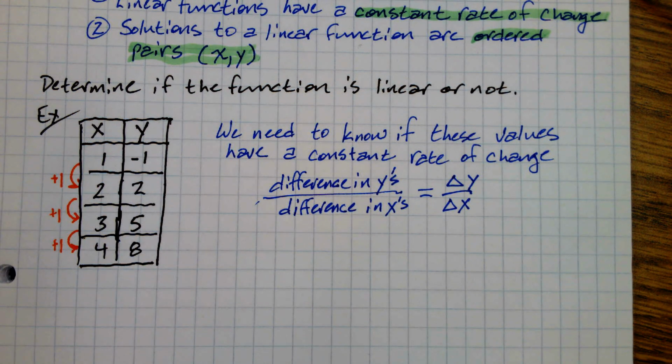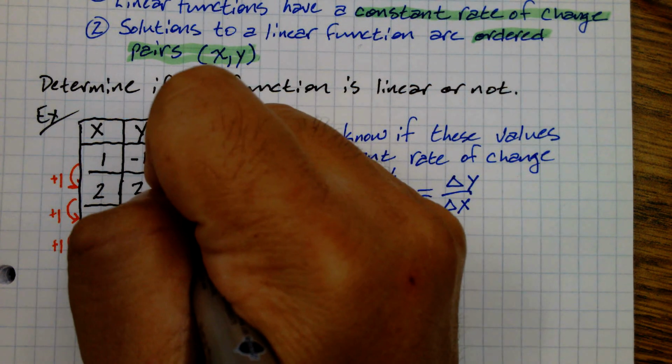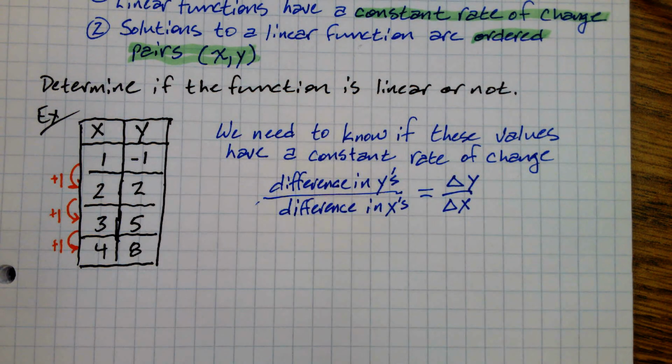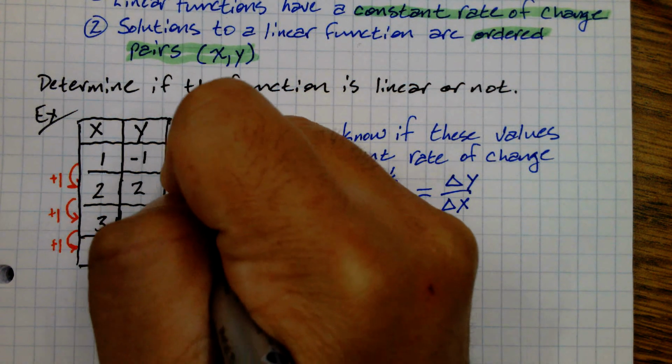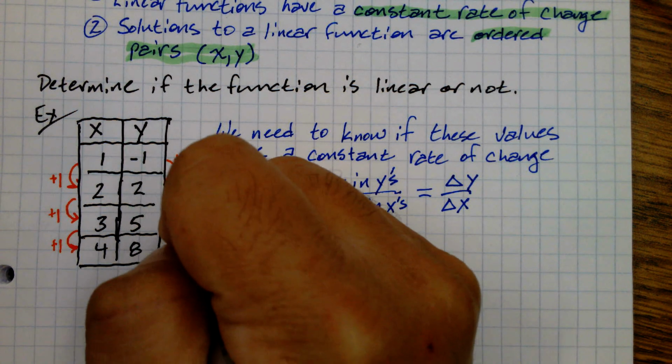Actually, this looks pretty good. Even if we would have gotten different values, that's not necessarily going to say it's not a linear function. But let's see what this is. If I go from -1 to 2, up 3 or down 3? Up 3. How about here?